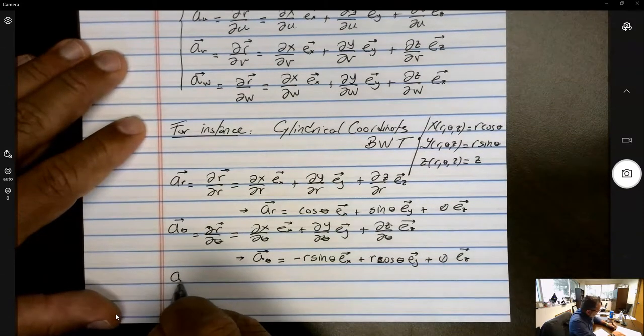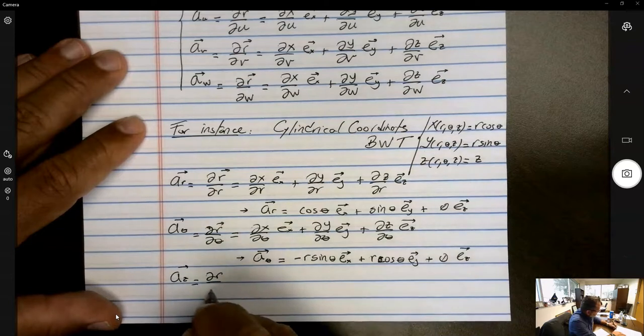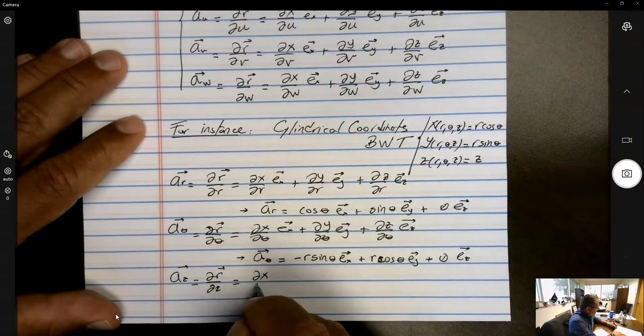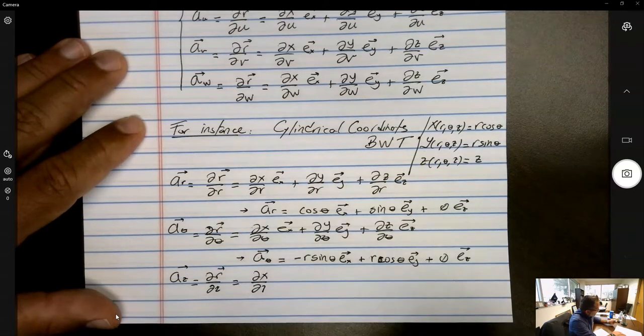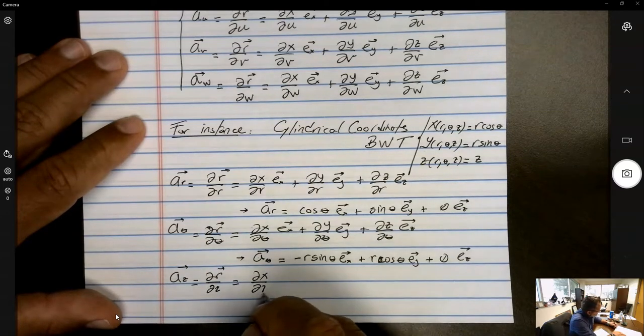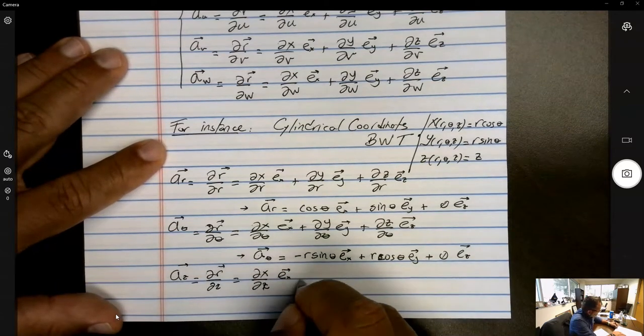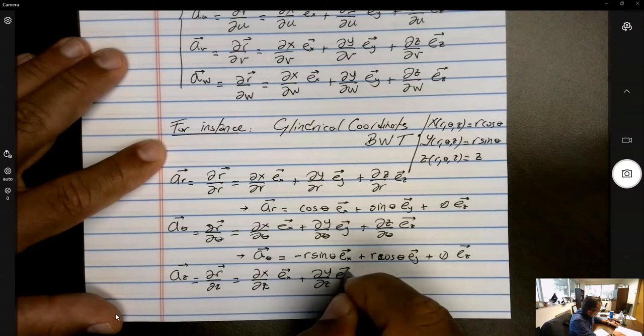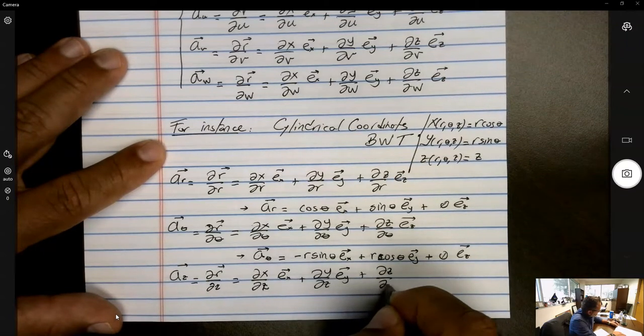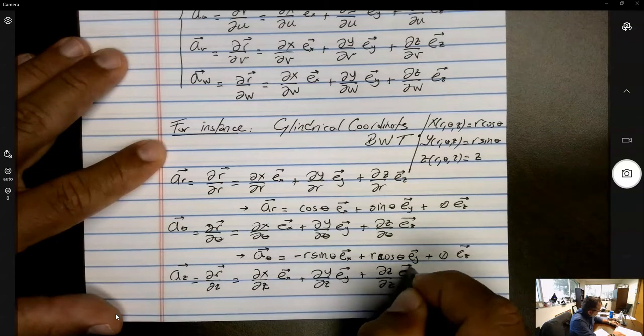And finally, AZ, which is dr dz, again dx dz in the x direction, plus dy dz in the y direction, plus dz dz in the z direction.